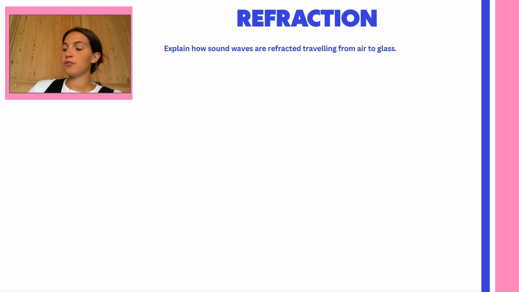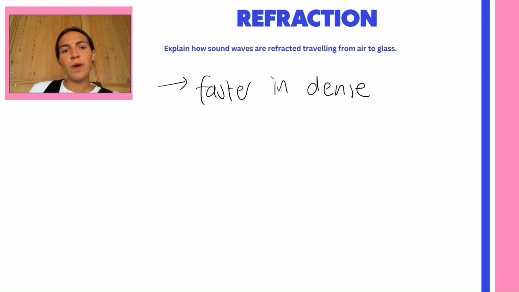Okay, explain how sound waves are refracted travelling from air to glass. So if you've been going through these topics in order, you won't have come across the properties of sound waves in any detail yet, but you might know from the work that you've done in class that sound waves travel faster in more dense materials. If you don't know that or understand that, we'll do it in the next topic, so don't worry for now.